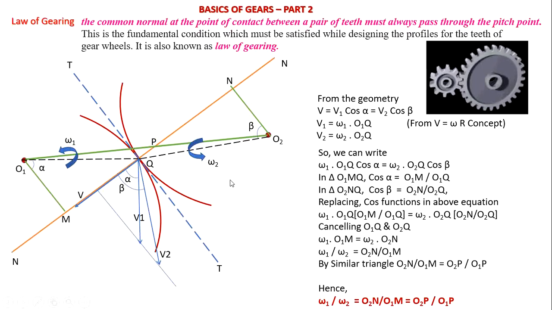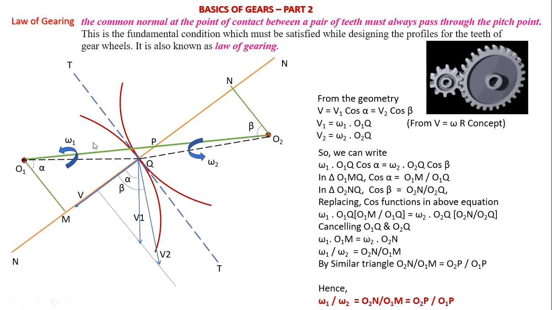So from this equation what we arrived at is that the angular velocity ratio between the two gears, omega 1 and omega 2 for gear 1 and gear 2, is always determined through this common normal, because these dropped lengths fall on the common normal, as well as the common point P also falls on the common normal.